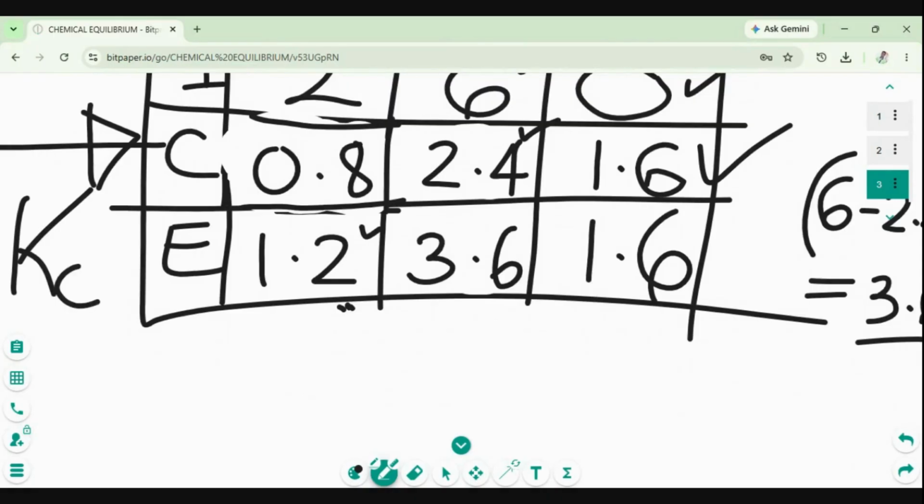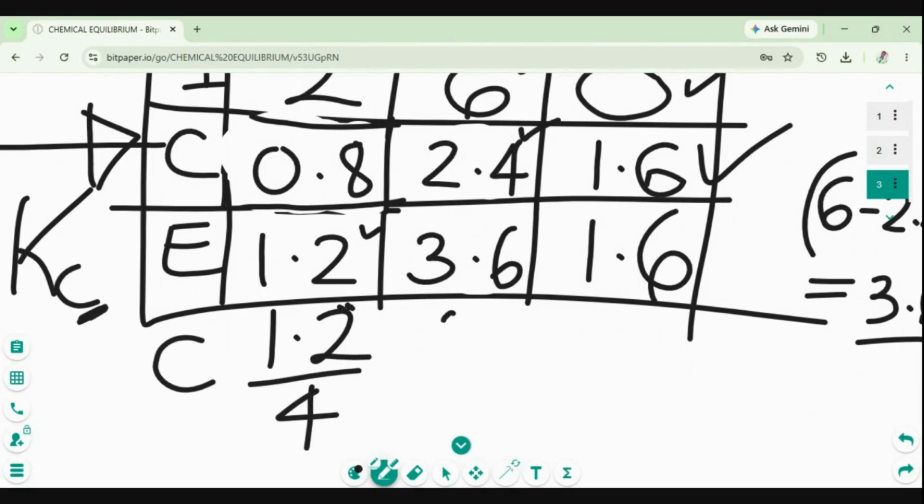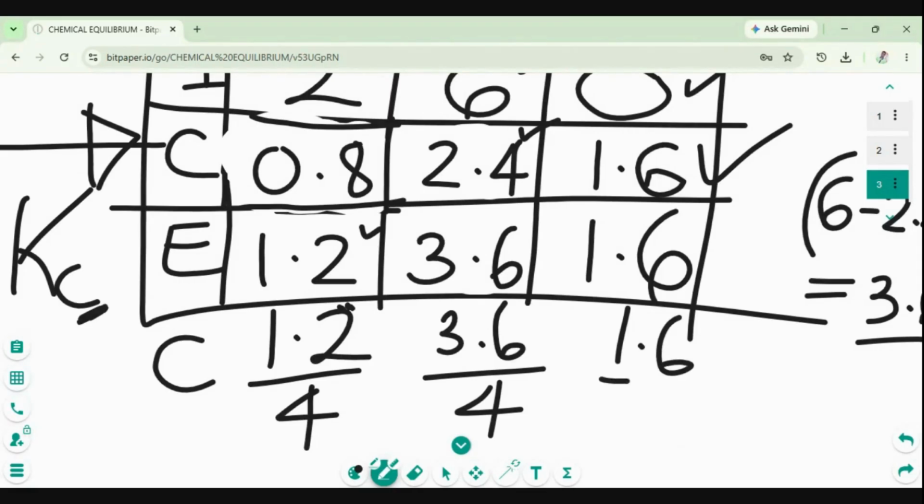Oh, beautiful. Kc means they're asking for C, which is concentration. So it will be moles over the volume, which is 4. This is concentration. Moles over the volume, which is also 4. Moles over the volume, which is also 4.